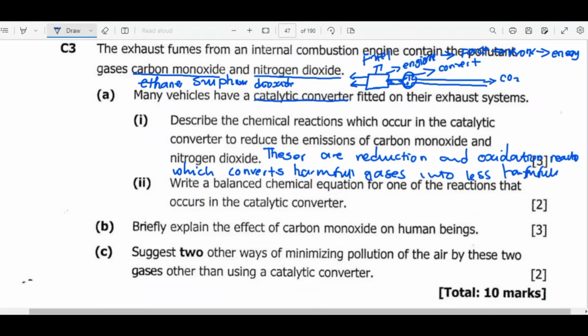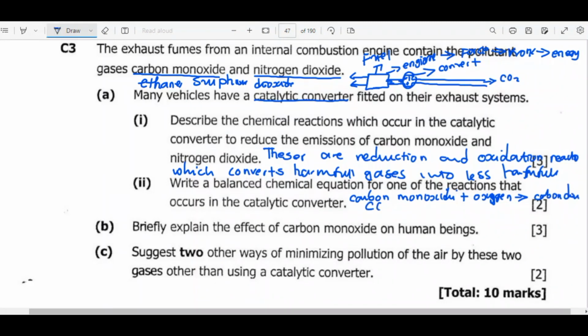Right, so the first one, we have carbon monoxide. This carbon monoxide will undergo oxidation. So carbon monoxide is oxidized by oxygen, then it will give us carbon dioxide as the waste product.